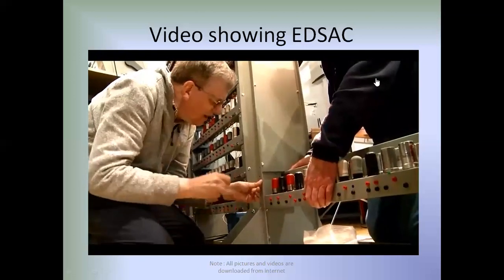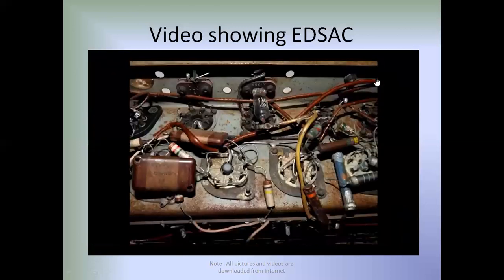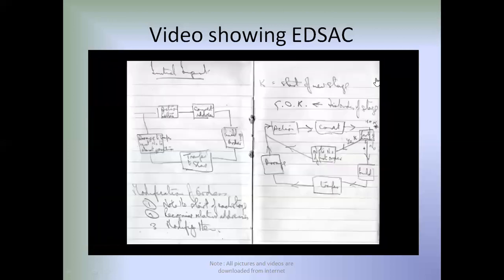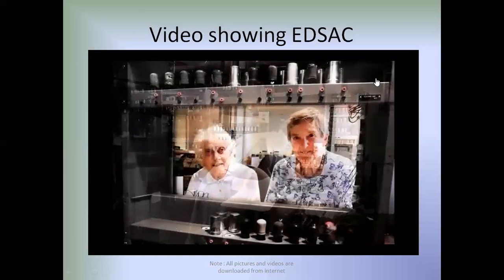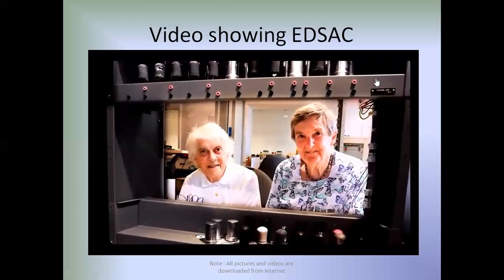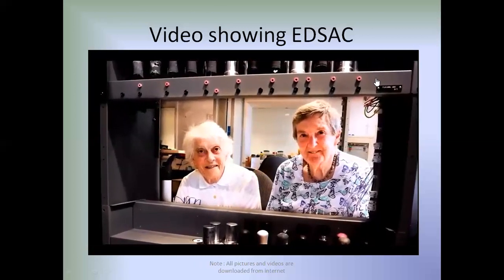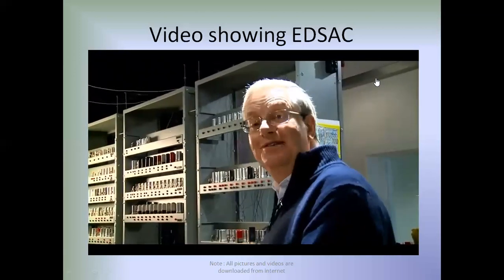This is a difficult beast to recreate. Almost nothing of the original survives to guide us. Just a few circuits, a memory tube, some photos and notebooks, and the memories of just a few surviving users who used EDSAC 70 years ago and remember it still. So, with fingers crossed, EDSAC should work very soon. Watch this space.